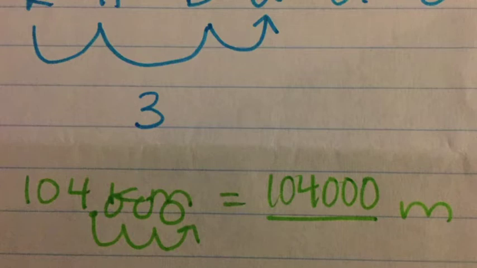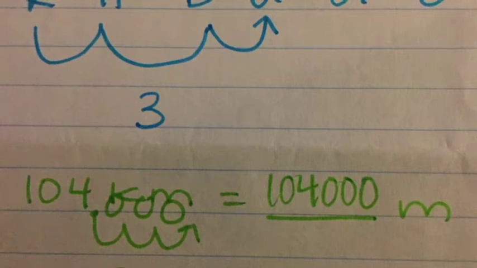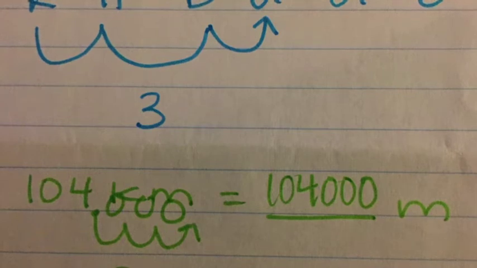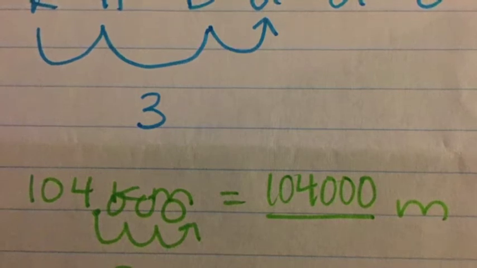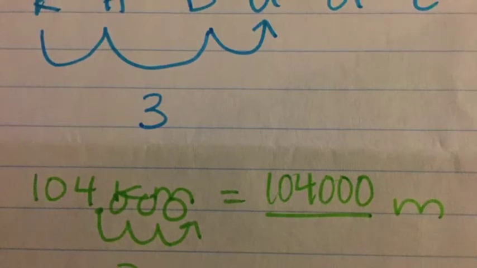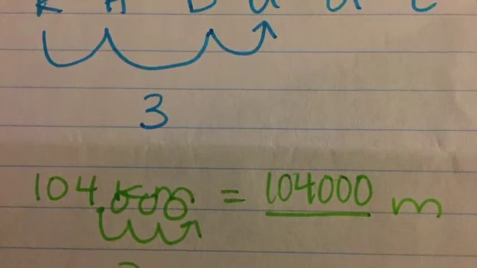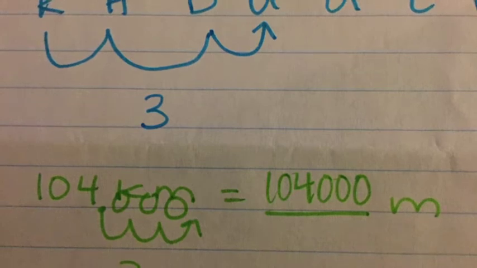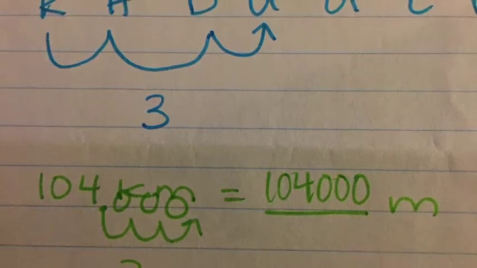Using our numbers here, we want to start with 104 kilometers, where our decimal place is. Remember, if it's not there to begin with, just put it right at the end. So 104 dot. We're going to move that decimal place to the right 3 spaces, just like from our K to our U up in the picture above.